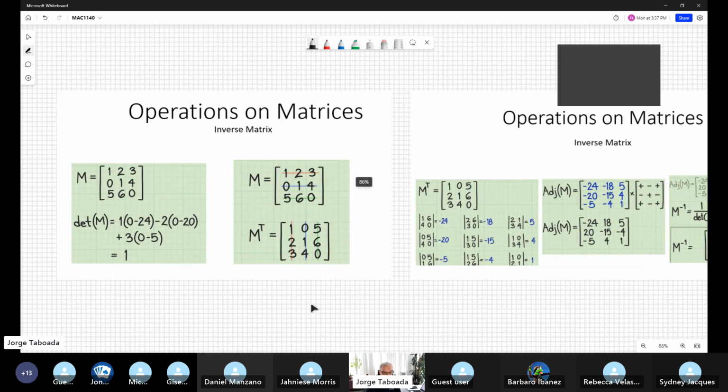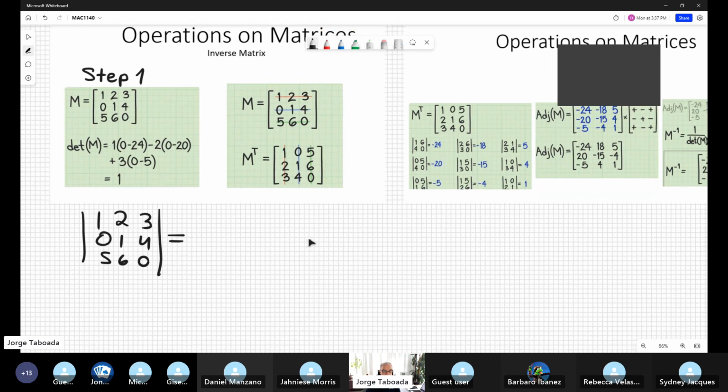The formula is, okay, step 1, in my opinion, is to compute the determinant. So now immediately, in my mind, you put det, or you put it like that, it's equivalent: 1, 2, 3, 0, 1, 4, and 5, 6, 0. See, there is no problem, no restriction, no limitation. I prefer always using the first row.